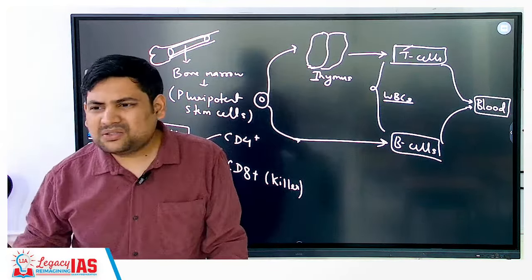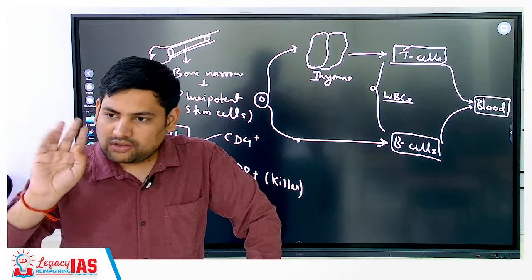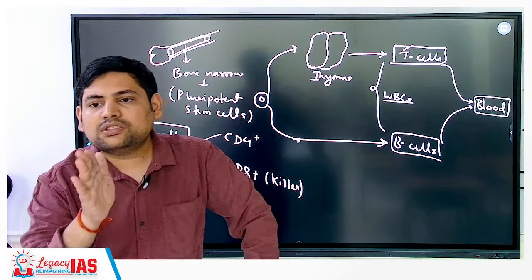So this T cell destroys the affected cell. First, to stop the further expansion of that pathogen to your entire body, those which are already infected have to be killed. So that killing is done by this kind of T cell.